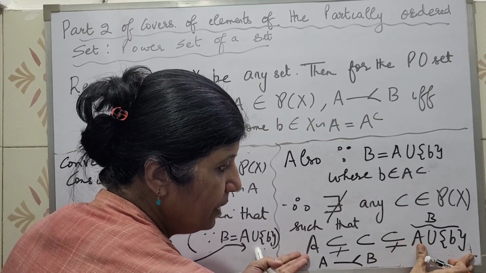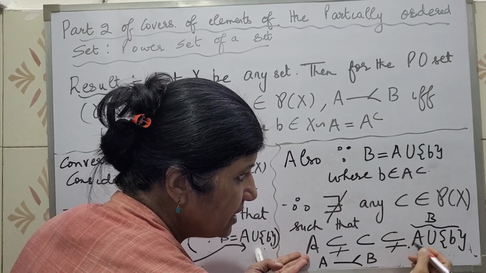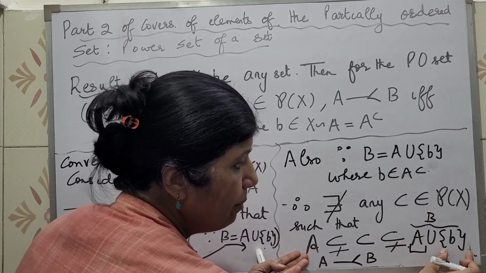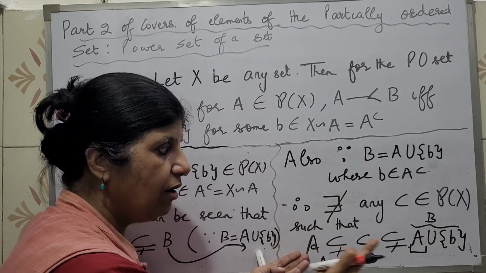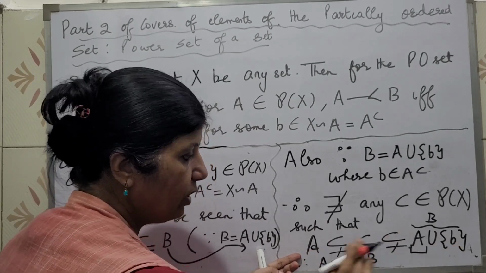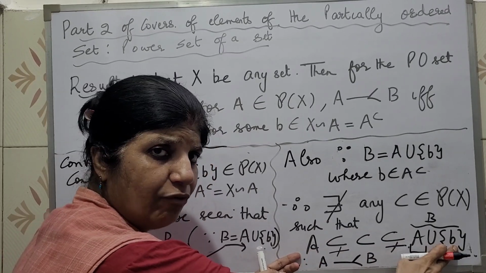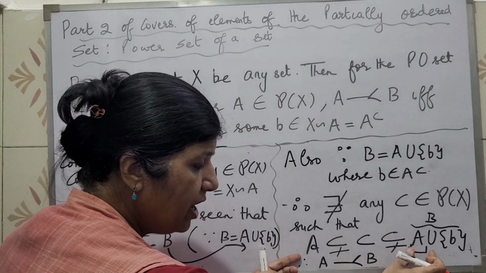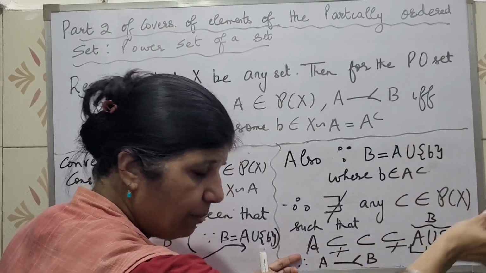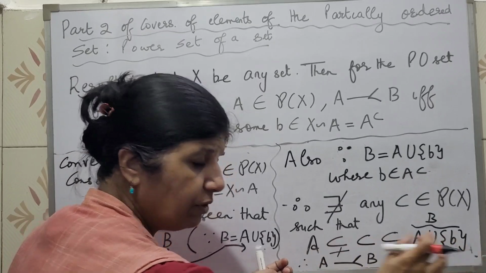This element B not only has A, because A is contained in B, but it has one more element from the complement. And A is not concerned with this particular element, because it is coming from A complement. So A is only in this part, and this part is one element coming from the complement. So there is no concern between A and this element.